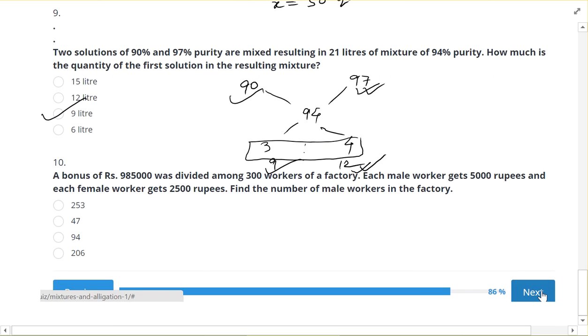Question number 10. A bonus of rupees 985,000 was divided among 300 workers of a factory.